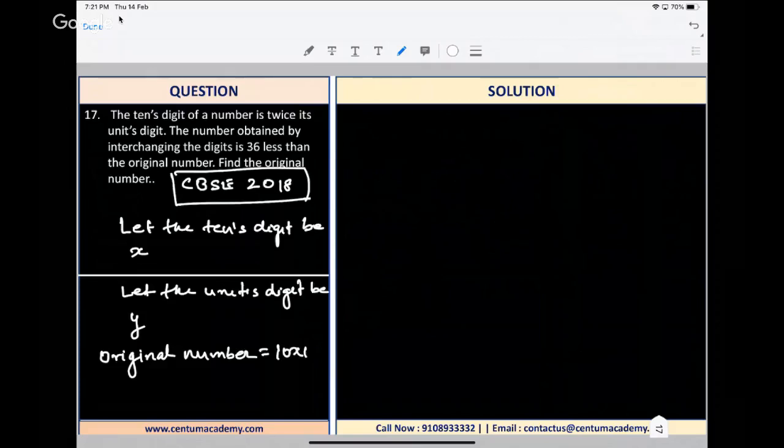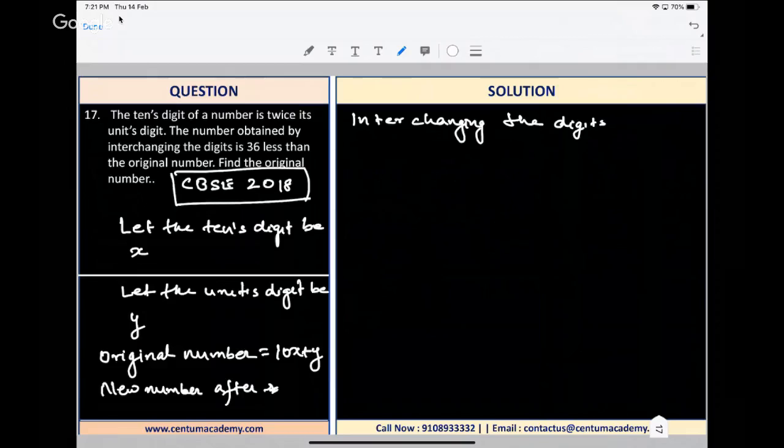It is 10x plus y, right? And the new number after interchanging the digits will be 10y plus x.